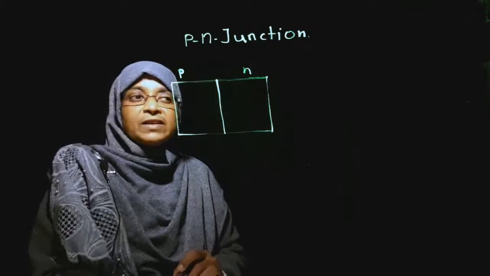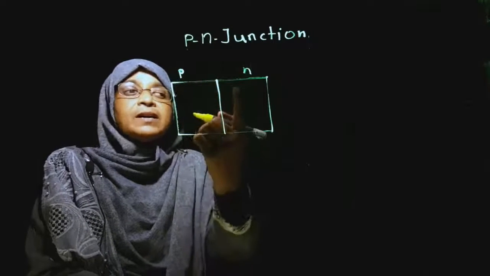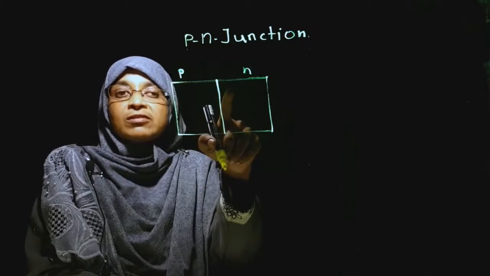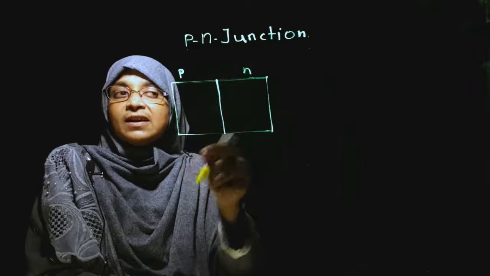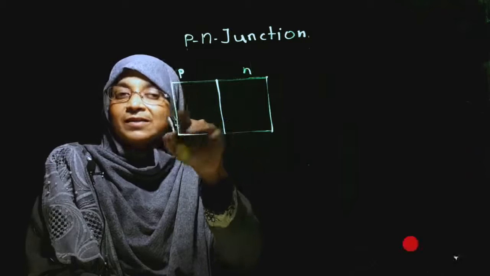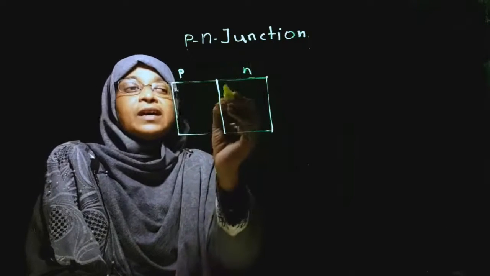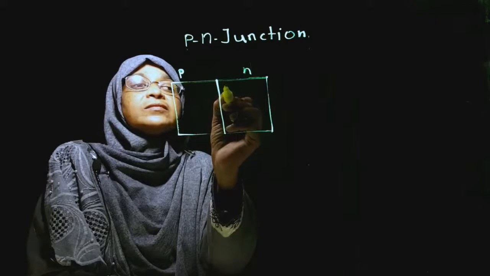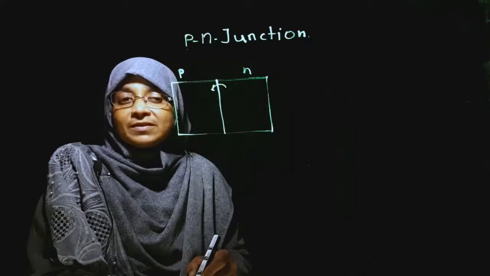Now let's see what happened in this junction. We know there are excess free electrons on the n side, and there are holes on the p side. So what will happen? Electrons jump to the holes.